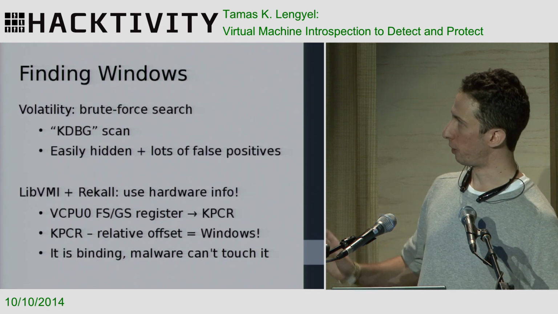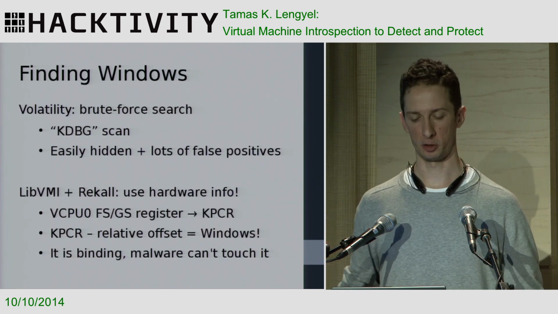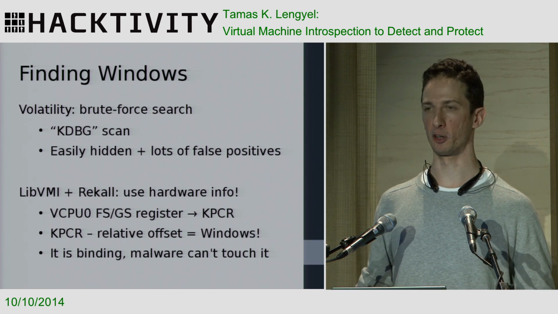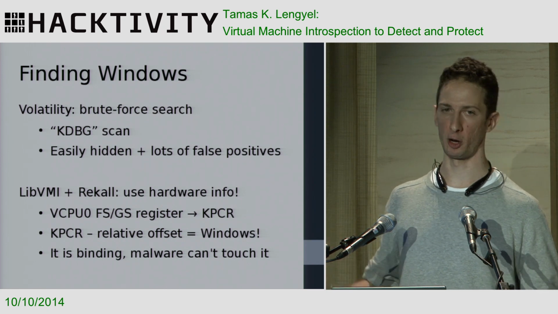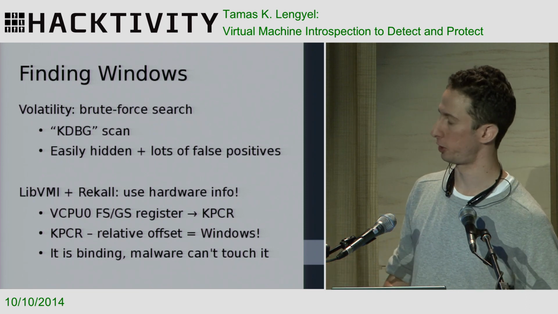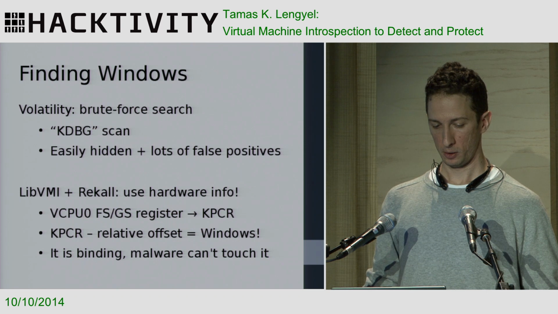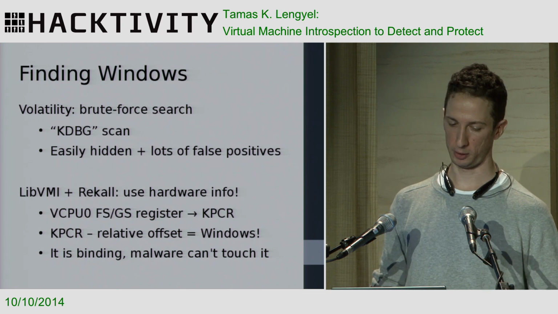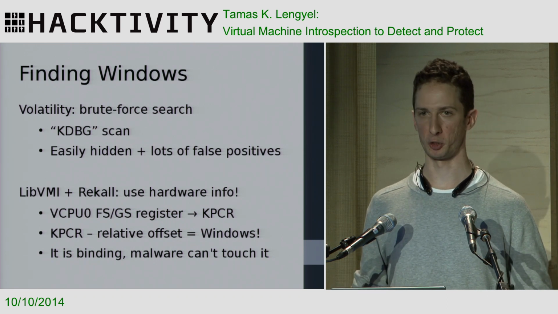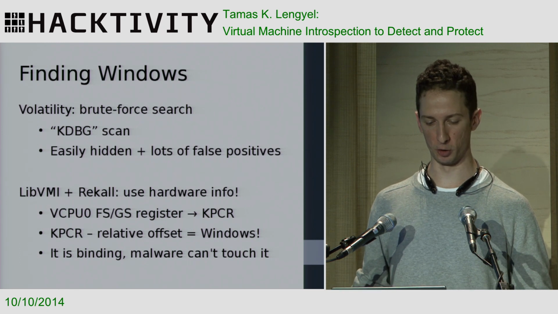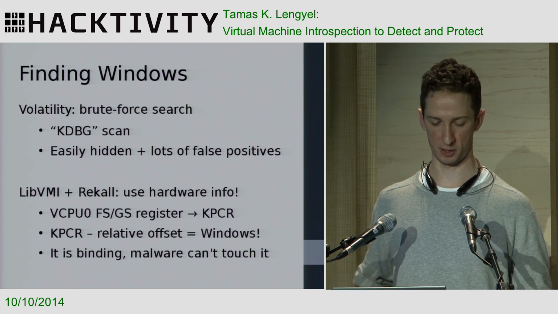We'll talk a little about Windows forensics here, but keep in mind that when you're running in the cloud, you're probably going to be using Linux. A lot of the topics that I will discuss here are applicable to Linux as well. When you start looking at the memory of a virtual machine, the first thing you want to do is locate the kernel within that physical memory.